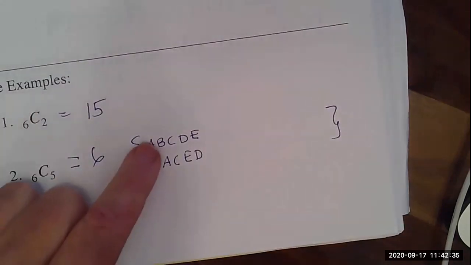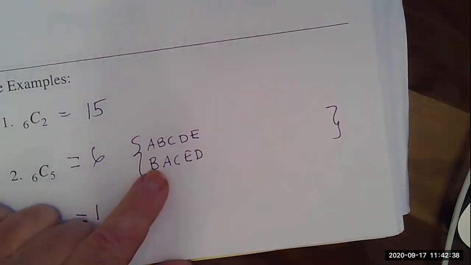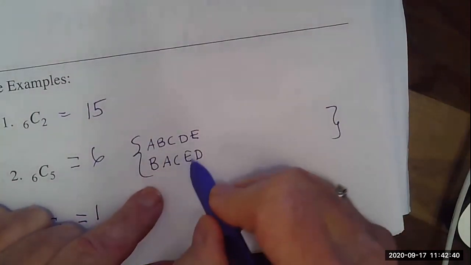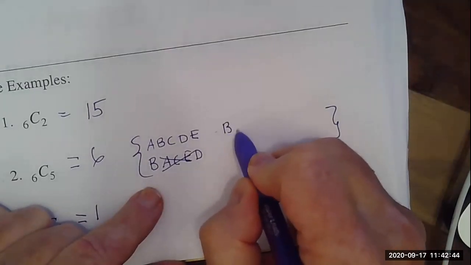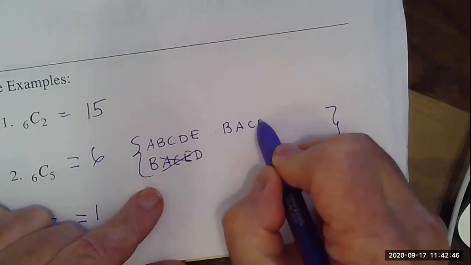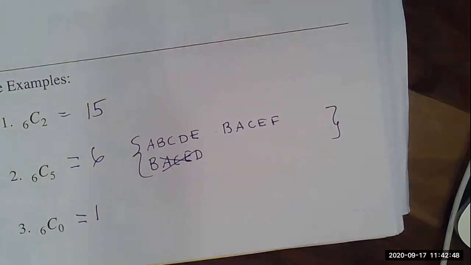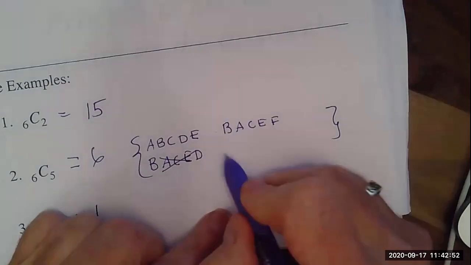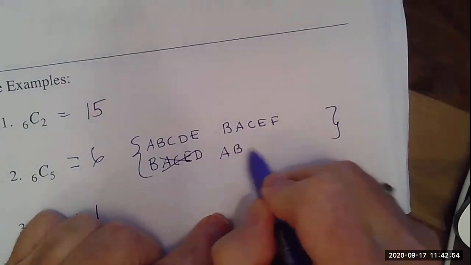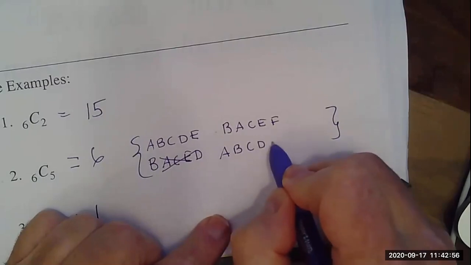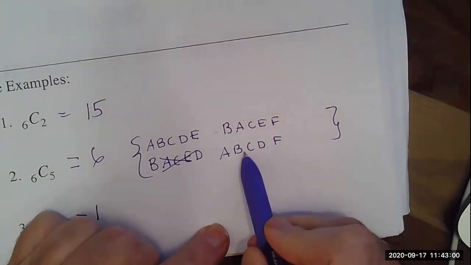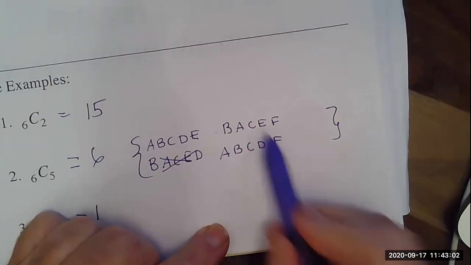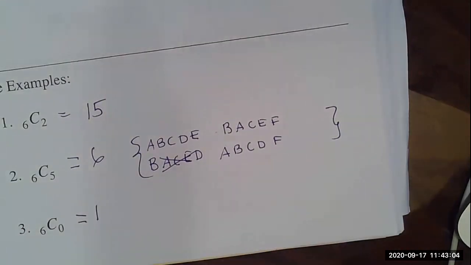You've just repeated this in a different order. You can't do that. Not good. Well, how about B, A, C, E, F? Remember, there's a 6th person called F. Oh, yeah, that'll work. Well, then how about A, B, C, D, F? That's different. Yeah, there's no E here and there's no A there. That's different. I have 3 more to go.